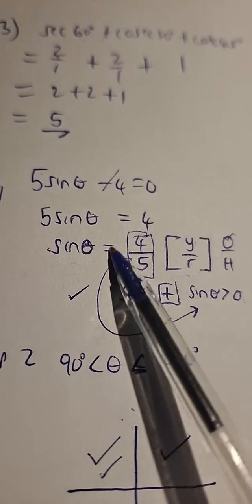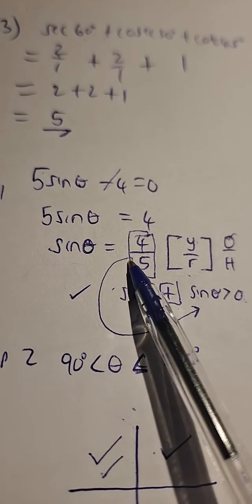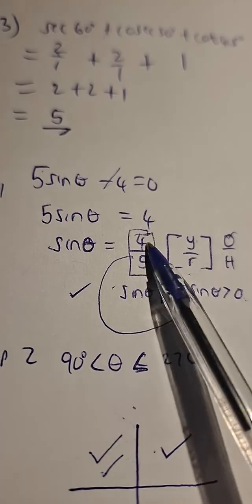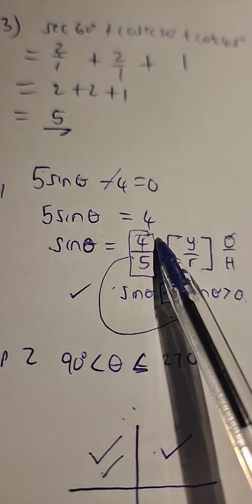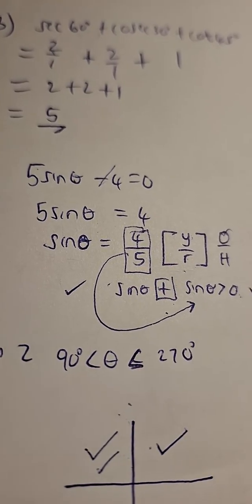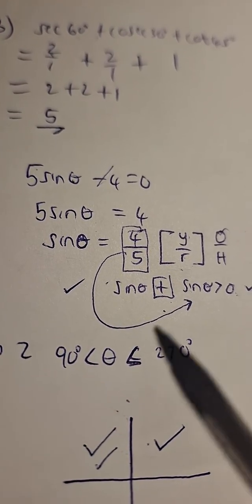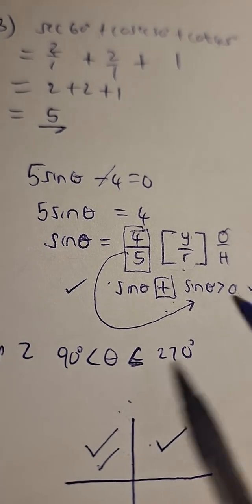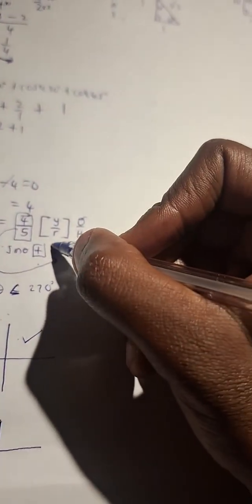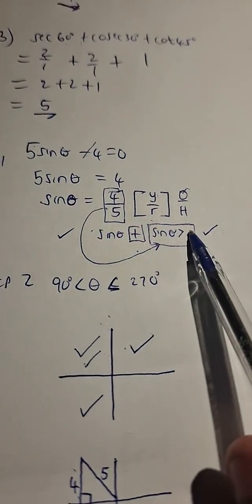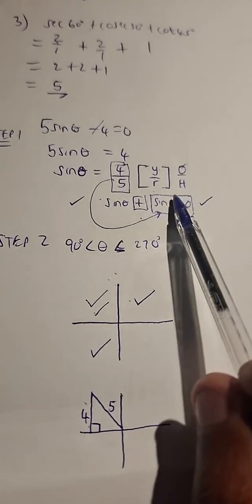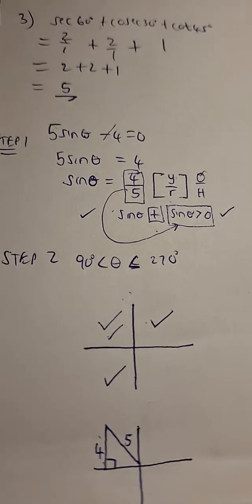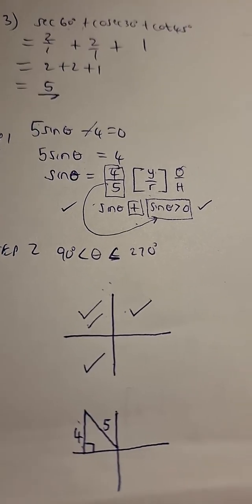This 4 over 5, is it a positive or a negative number? This 4 over 5 is a positive number. So that means sine is positive. Please get that in your heads, guys. Sine is positive. So this idea that sine is positive is going to help us locate in which quadrant our right angle triangle should be drawn.